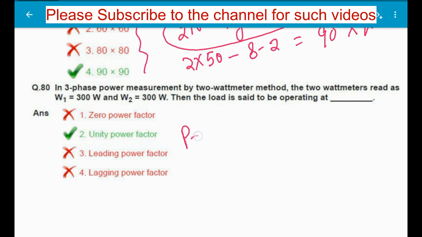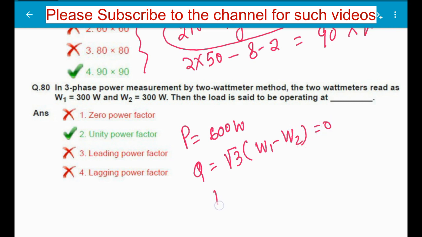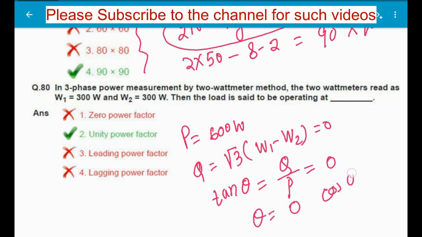So real power will be W1 plus W2, that is 600 watt, and Q will be root 3 into W1 minus W2, which is equal to 0. So tan theta will be Q by P. So this will be 0 and theta will be 0. That means cos theta will be cos 0 is equal to 1. That means unit power factor.